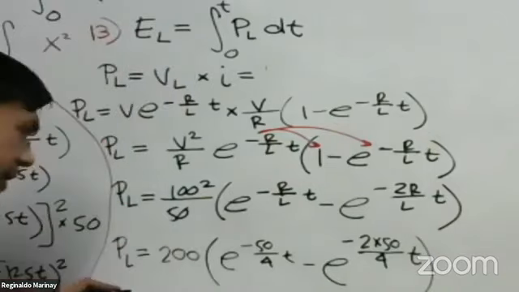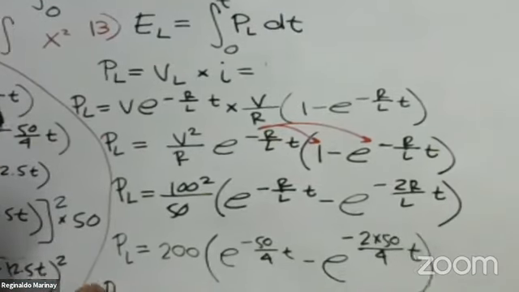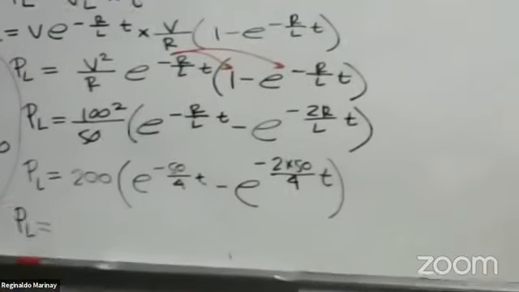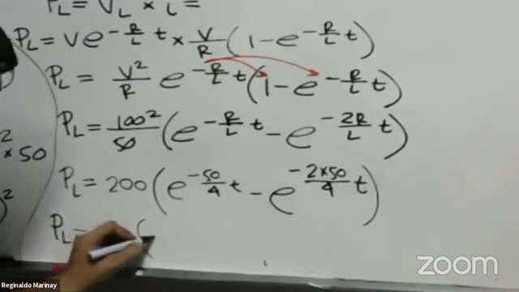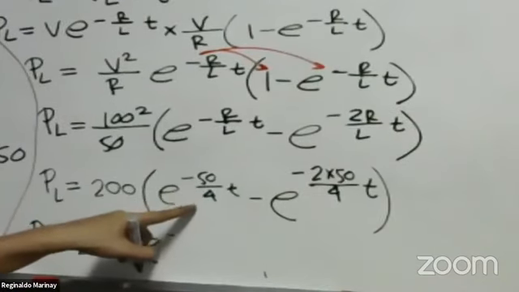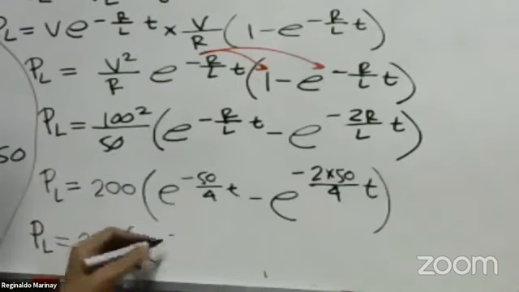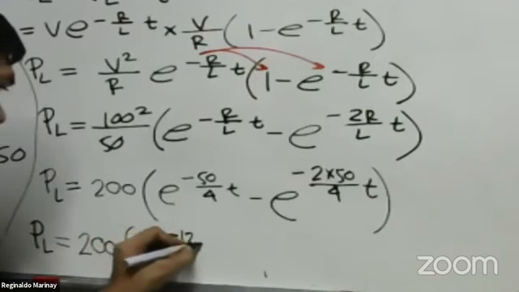Let us simplify. Please focus here. 200 E raised to, what is 50 over 4, I think we have the value already. Is this 12.5? I think it's 12.5, right? Please focus here.